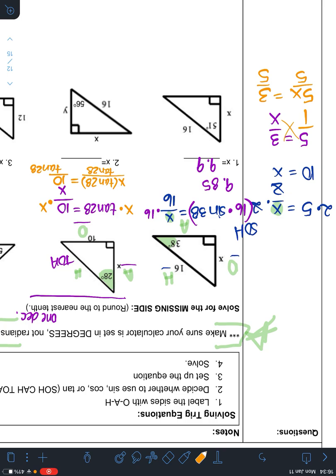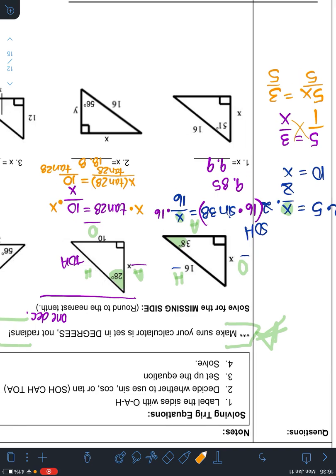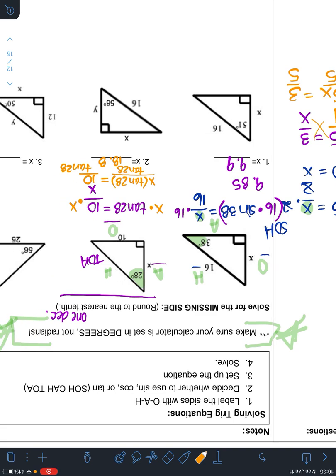So you can type that all in one step. X is equal to 10 divided by the tangent of 28. And it says round to the nearest tenth, so that would be 18.8.